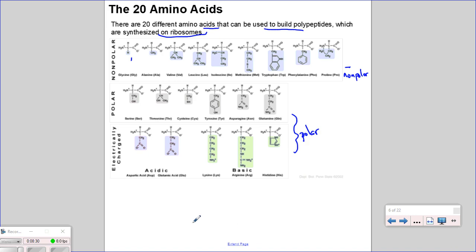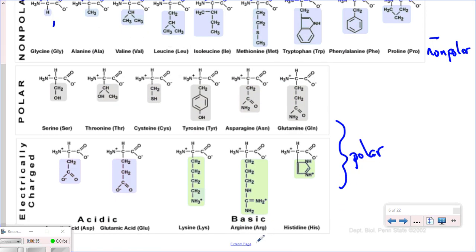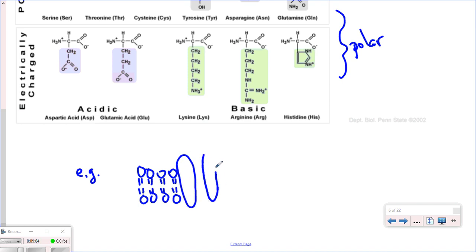So, for example, where you would find these different types of amino acids is in an integral protein. So hopefully you recall what an integral protein is from the first unit. So it is that protein that is going to span that cell membrane. In this case, the integral protein that I'm going to make is a protein channel.